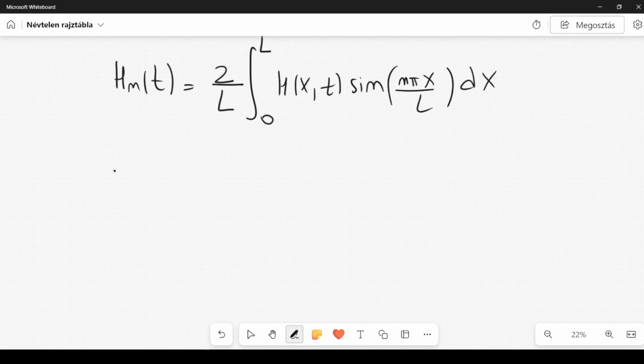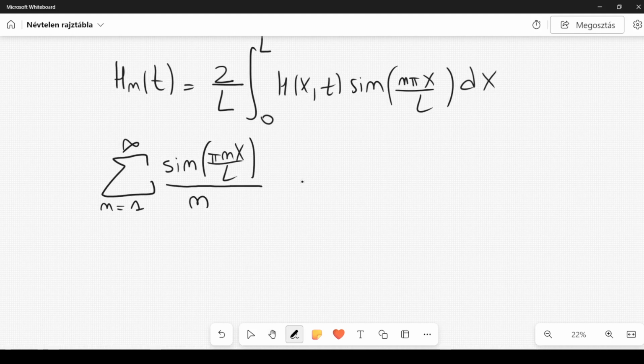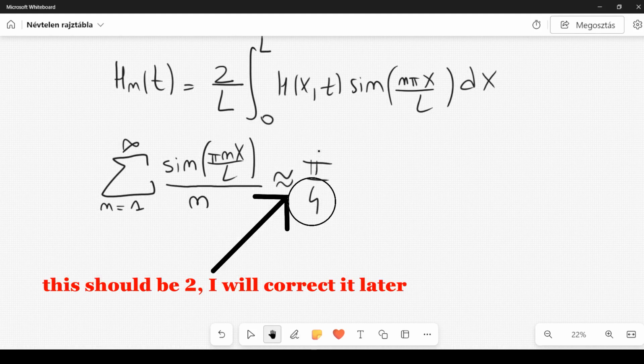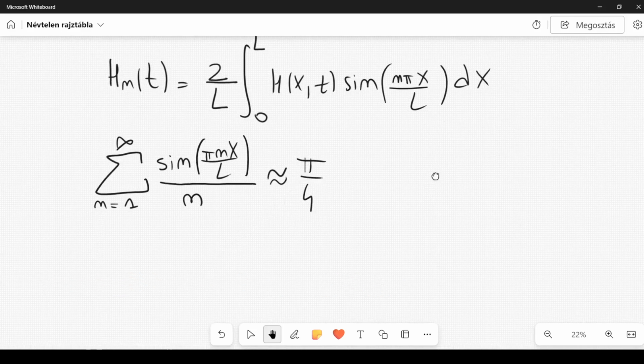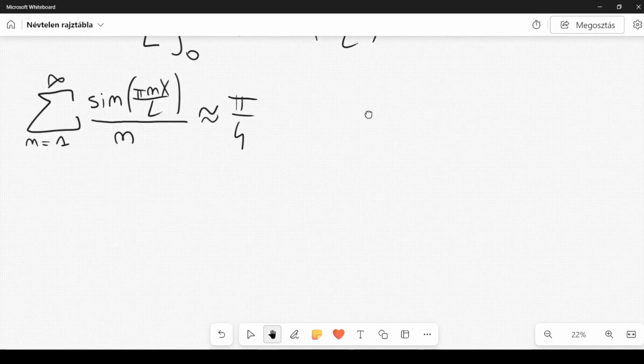Now, in order to do that, I want to show you that under a certain assumption, a certain approximation, the summation over n from 1 to infinity of sine of pi n x over L divided by n can be set approximately equal to pi over 4. So this is actually an interesting approximation that we will use. And let me tell you why this approximation holds.